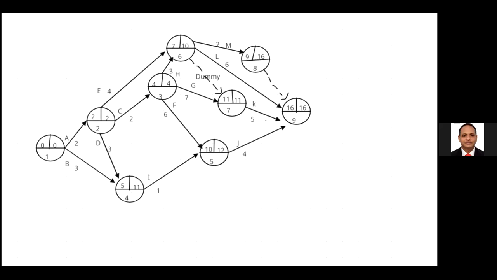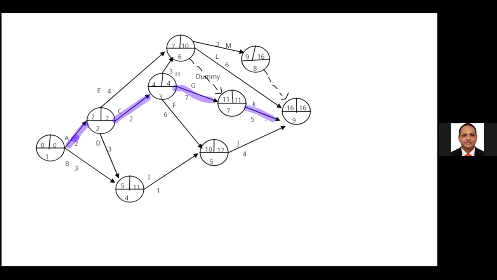Now we find the critical path. You can see, I would like to highlight the path. A critical, then C critical, then G critical, then K critical.